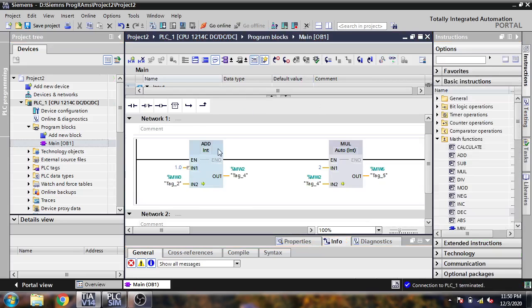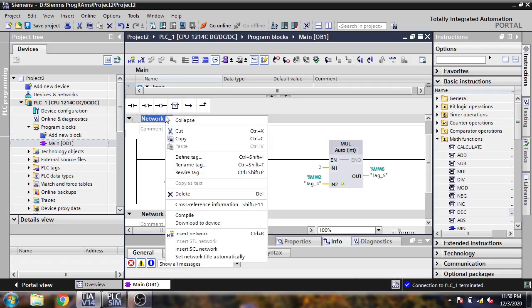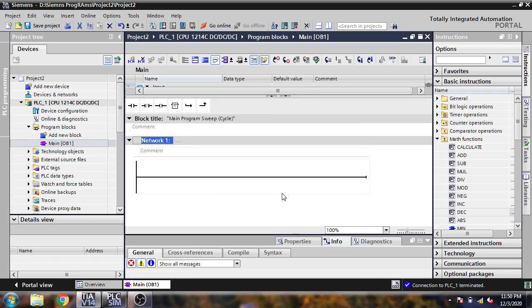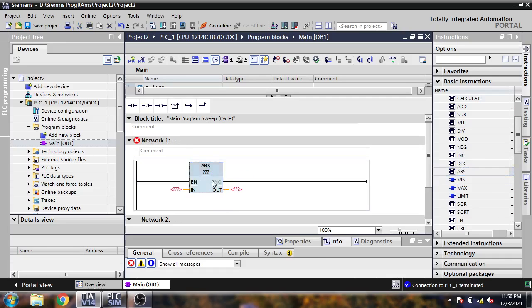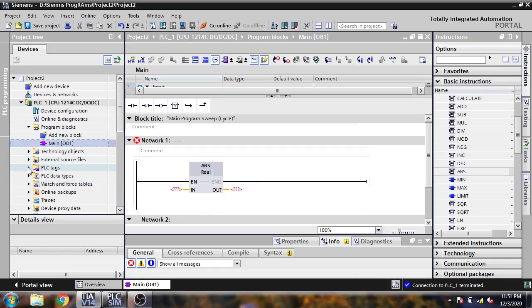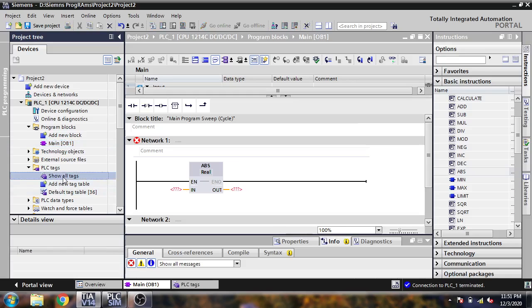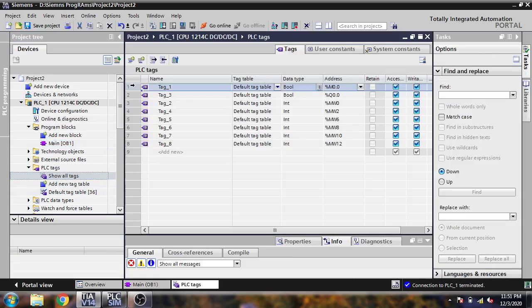I am going to go offline now and just delete my first network, and then you will see we will check an absolute value. I am going to select an integer. Sorry, I'm going to use a real there, but first I am going to delete that text.